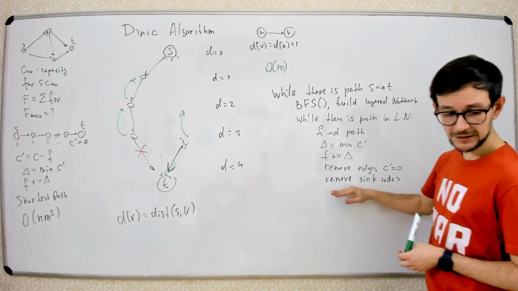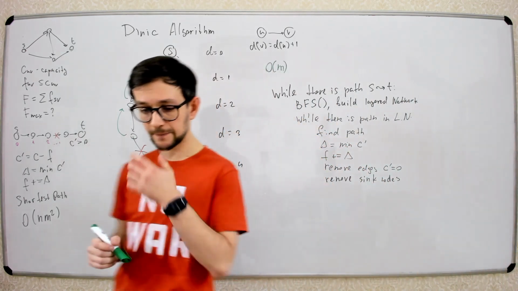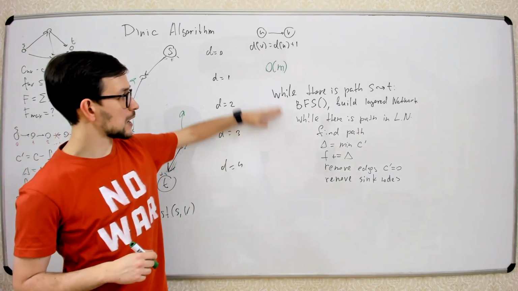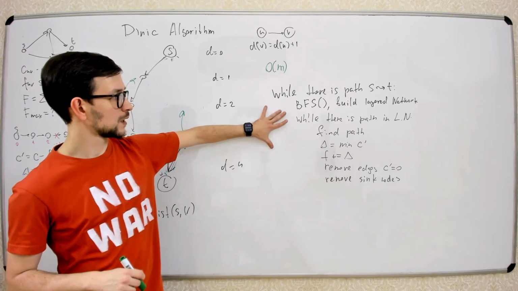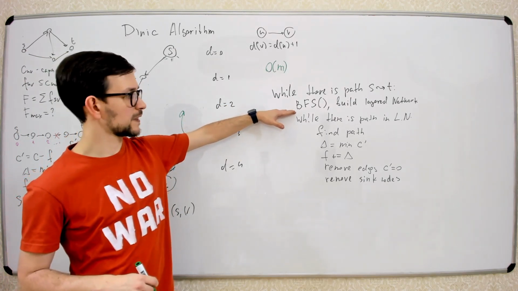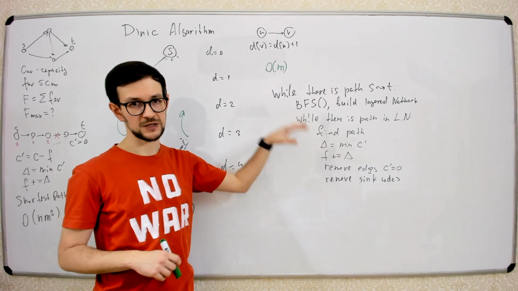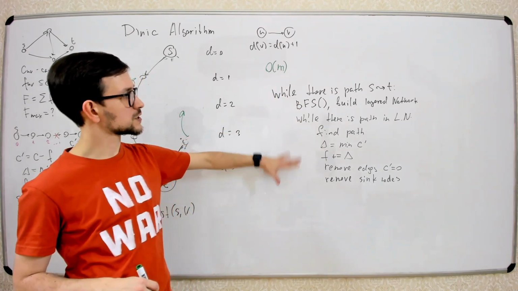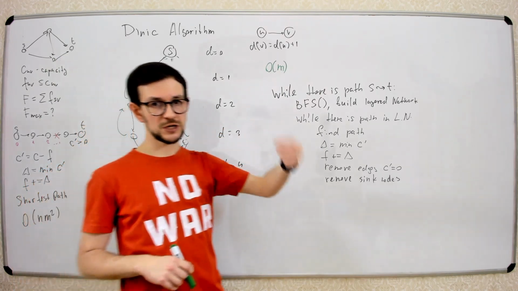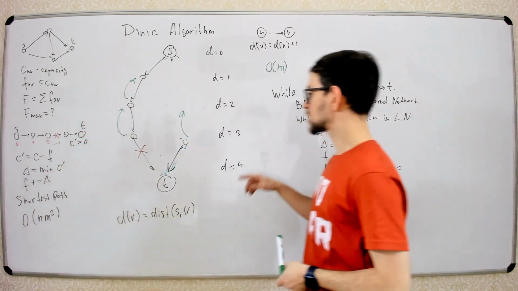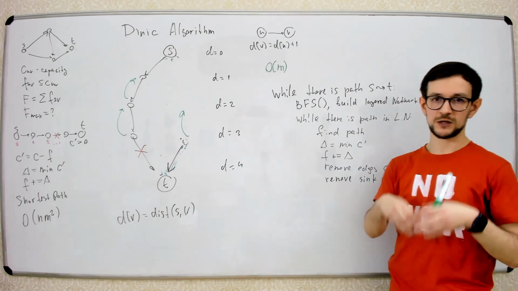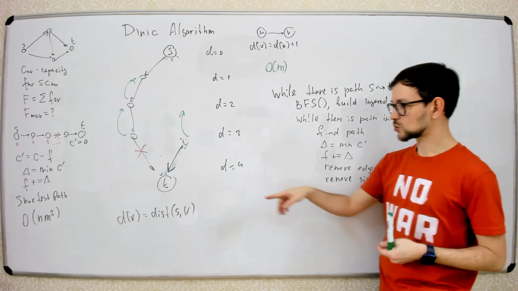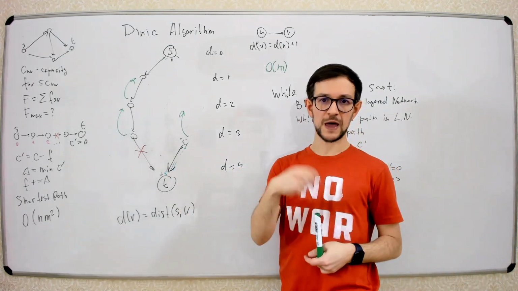Now let's analyze the time complexity of this algorithm. So what happens in this algorithm? We have this outer loop. In this outer loop, each time we rebuild the layered network, then find all possible shortest paths in this layered network. So after this loop finishes, the distance to node T is increasing. Each time we find all possible paths in the current layered network, we increase the distance from S to T. The distance to node T is at most n minus 1.